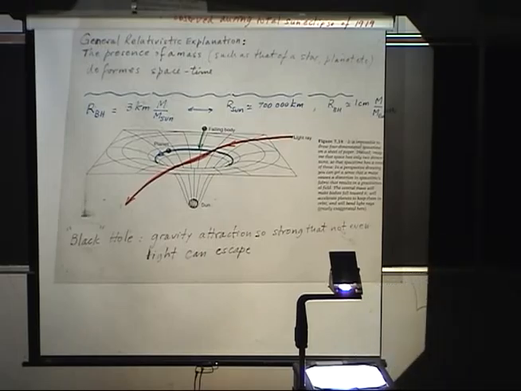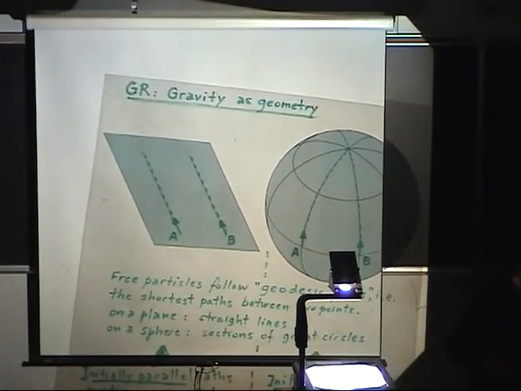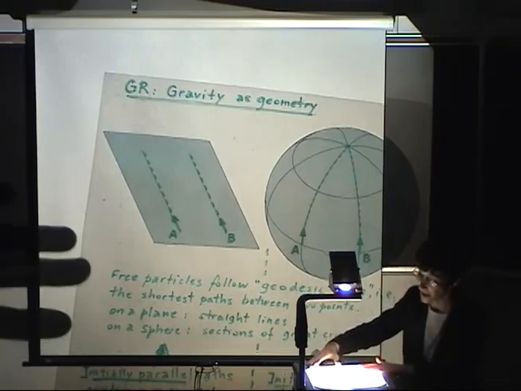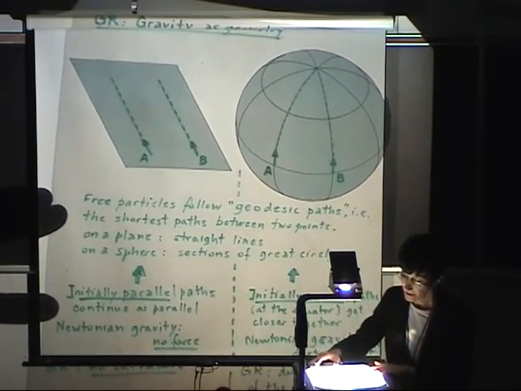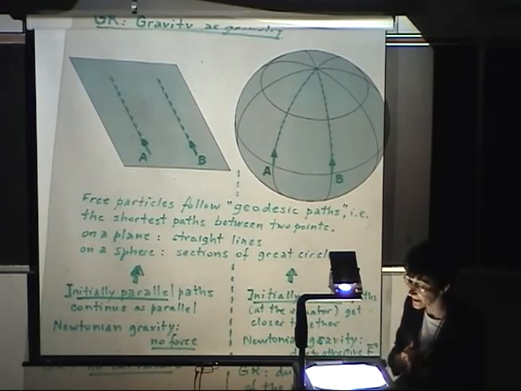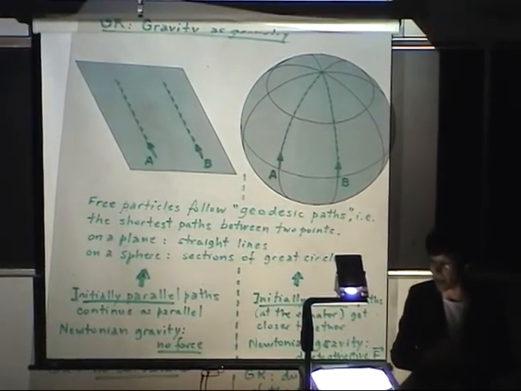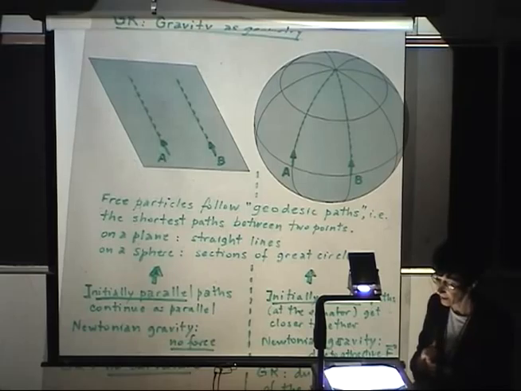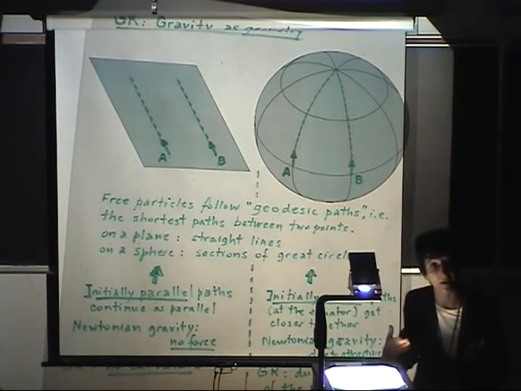Now let us try to argue the way in which gravity becomes geometry. So free particles follow geodesic paths. These geodesic paths are the shortest paths between 2 points. On a plane, the shortest path between 2 points is a straight line.